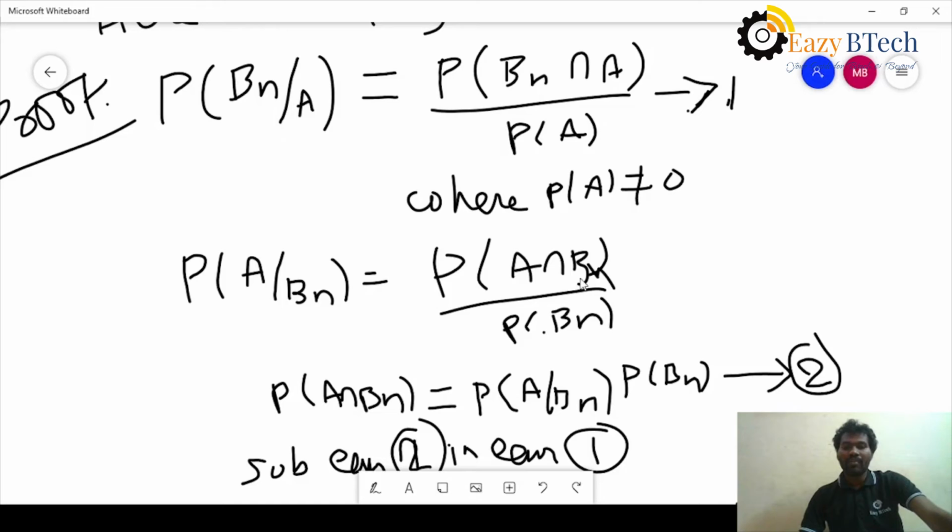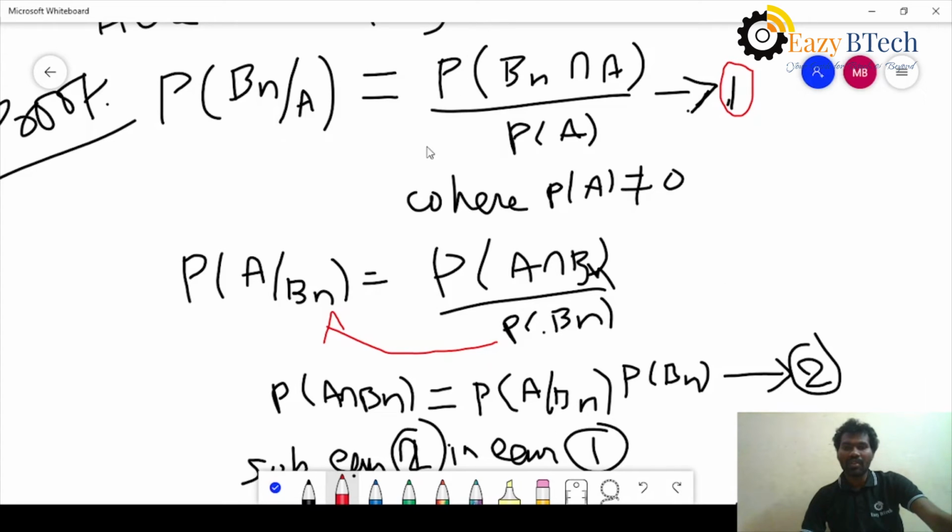Taking this Bn to the left side, both will be multiplied, so that is P of A given Bn into P of Bn. Assume this as equation number 2. If you substitute equation 2 in the above equation, then what will I get?